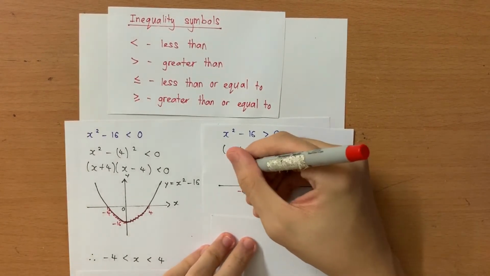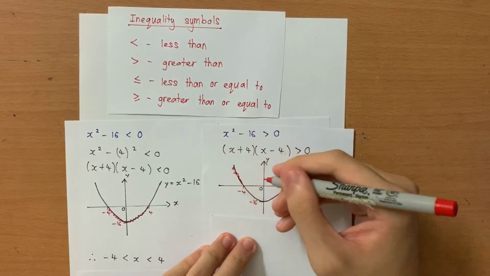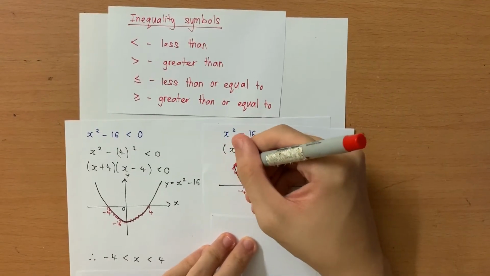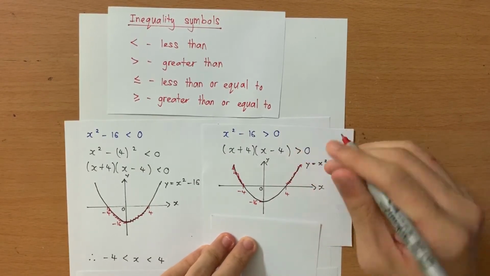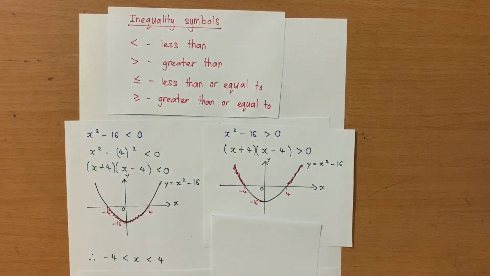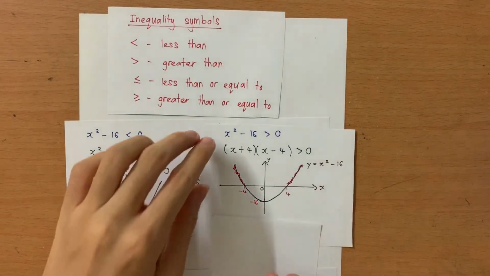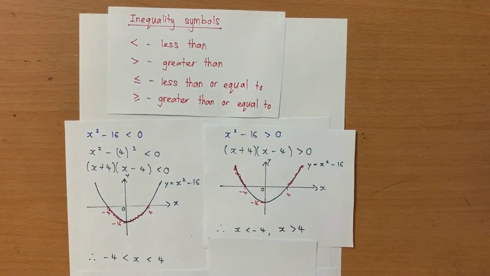These are the portions we want: x less than negative 4, because it's above the x-axis, and x more than 4, because it is also above the x-axis. So we can conclude that x is less than negative 4 or x is more than 4 for this to happen.